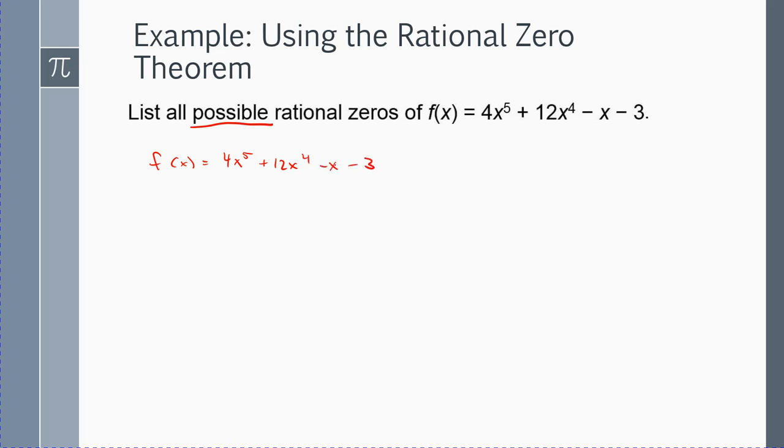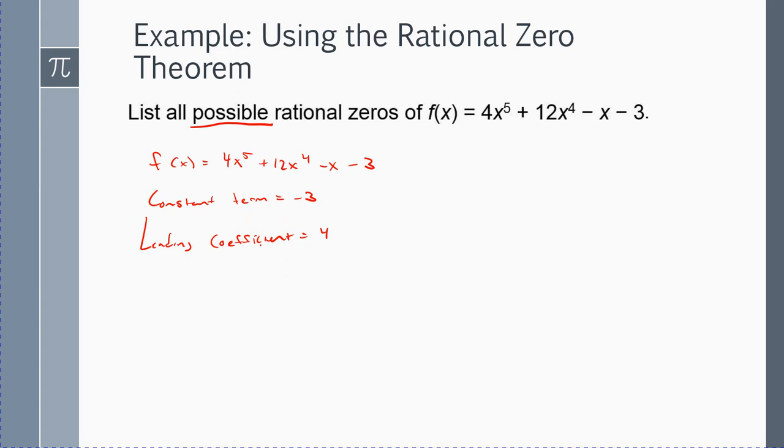Our constant term is -3. And what is our leading coefficient? Well, that's just 4. So if it has a rational zero, what does that rational zero look like? I'm going to write out what all the possibilities are.